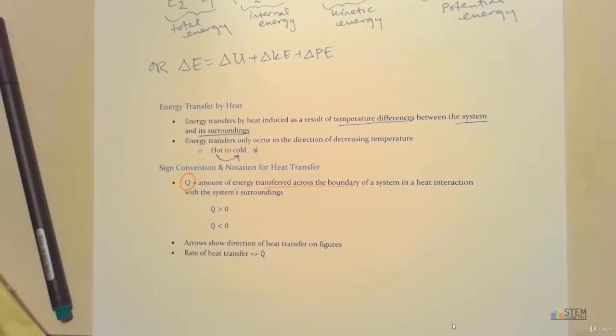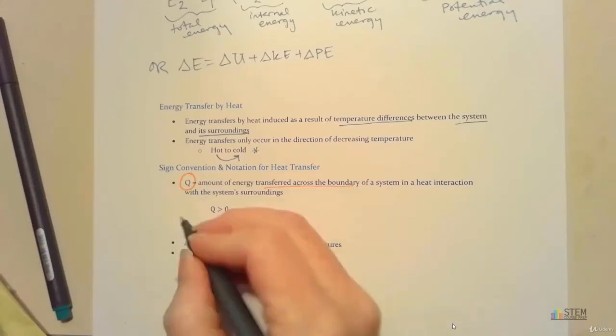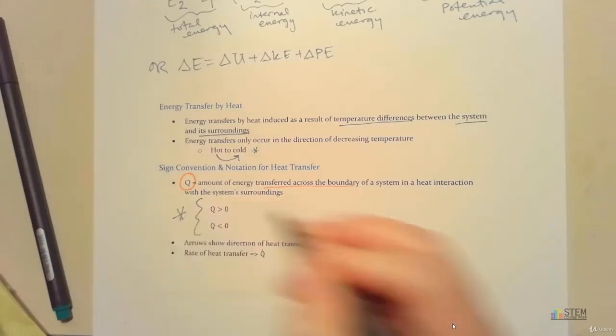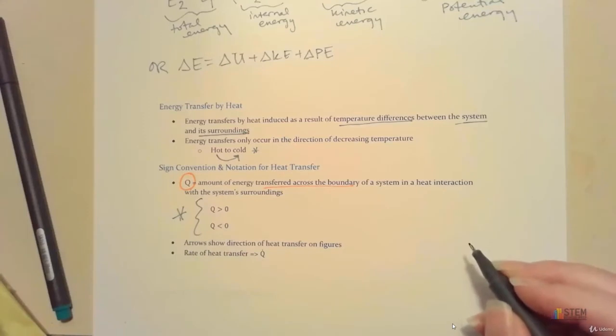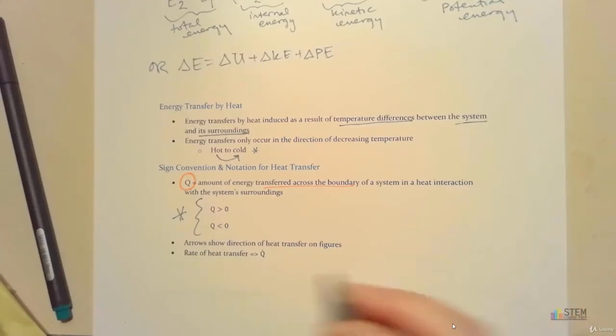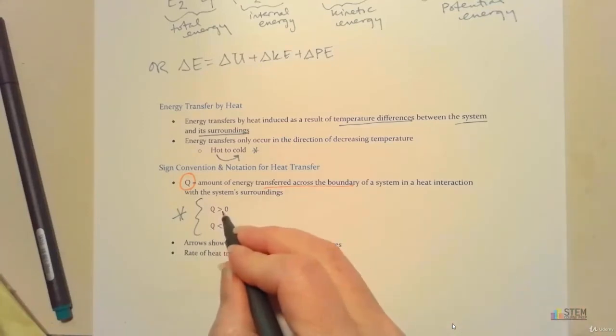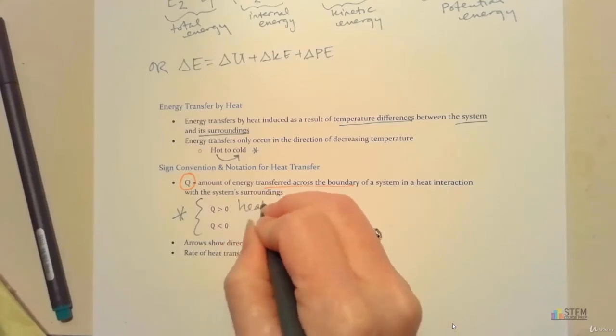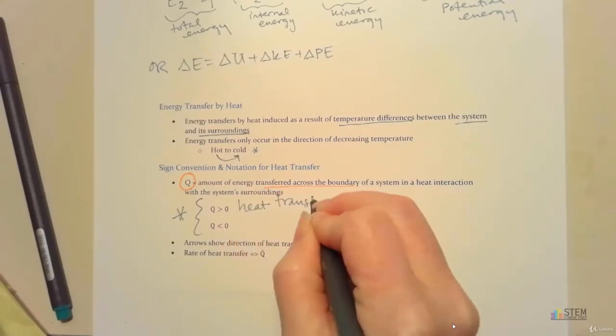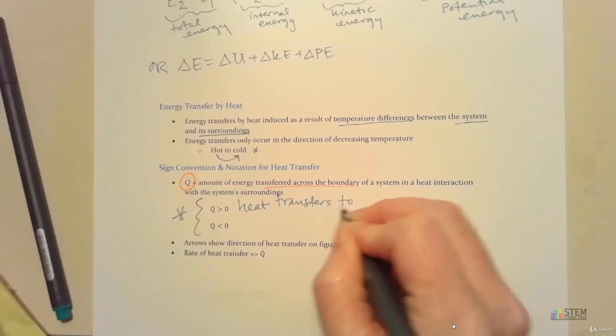Anytime you have heat transfer, or energy that's moved around because of a temperature difference, we're going to have that Q term. Now we've got a sign convention that goes with this, and this is going to be one of those important things, just like the sign convention with work. So when Q is greater than 0, that means heat transfers to the system.